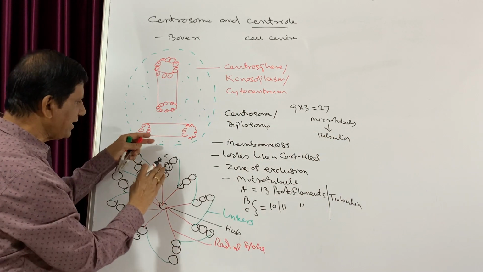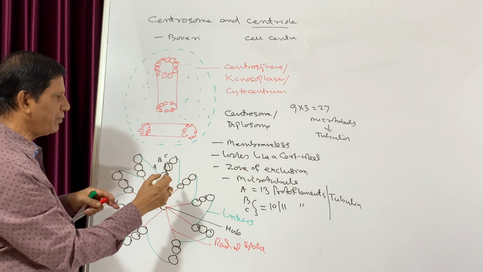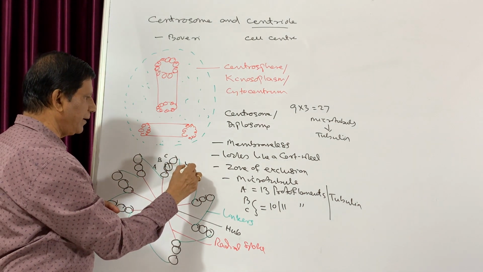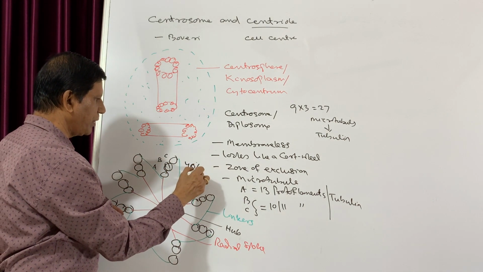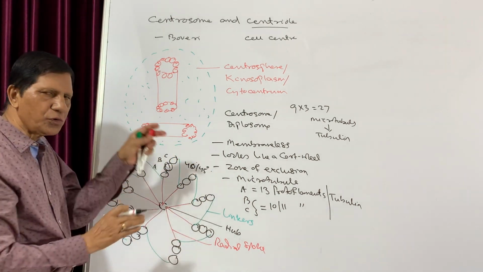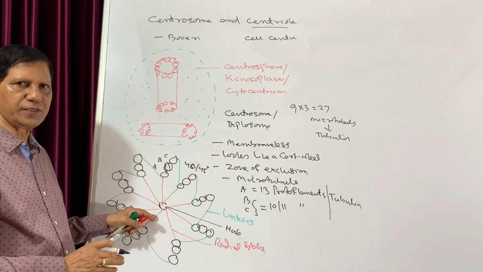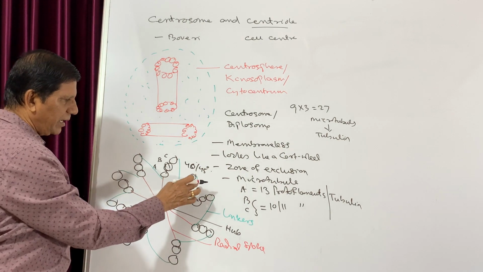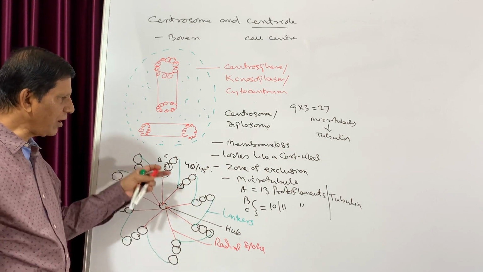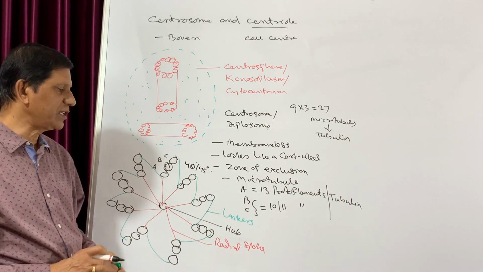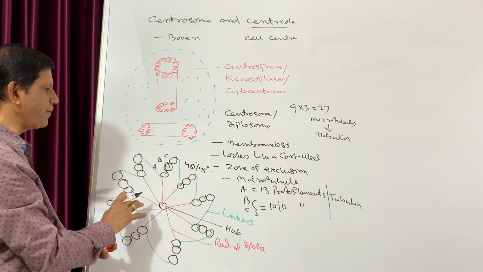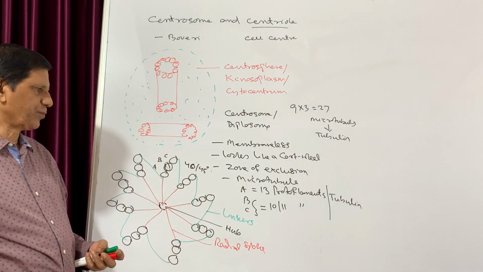And they are tilted at an angle of 40 to 45 degree, they are twisted towards the axis. So the linkers and the spokes, they are also made up of the same protein tubulin. That means in the centriole there is only one type of protein, that is only tubulin.